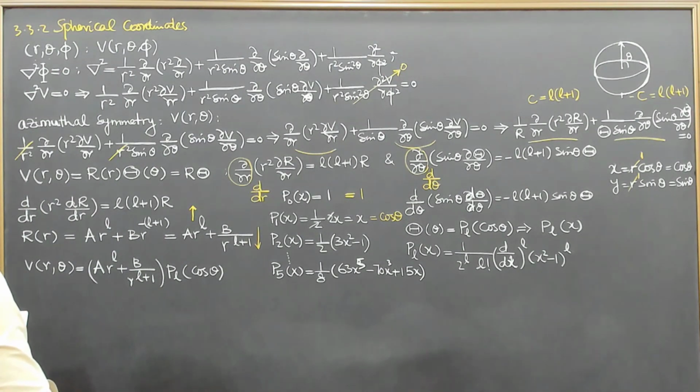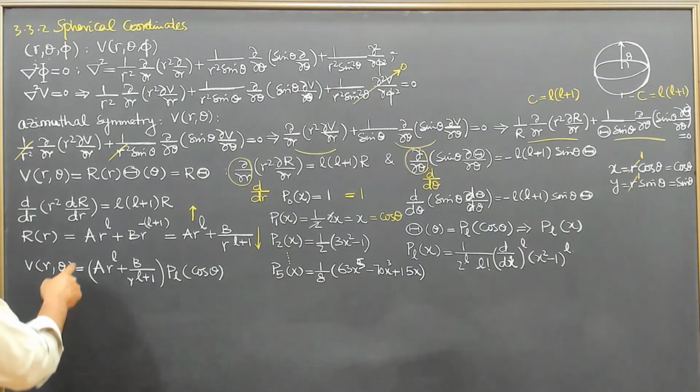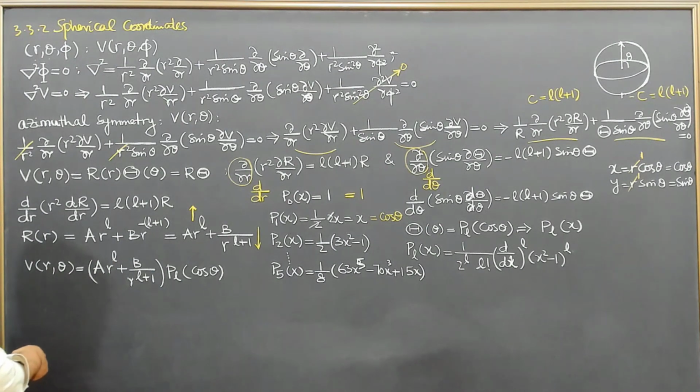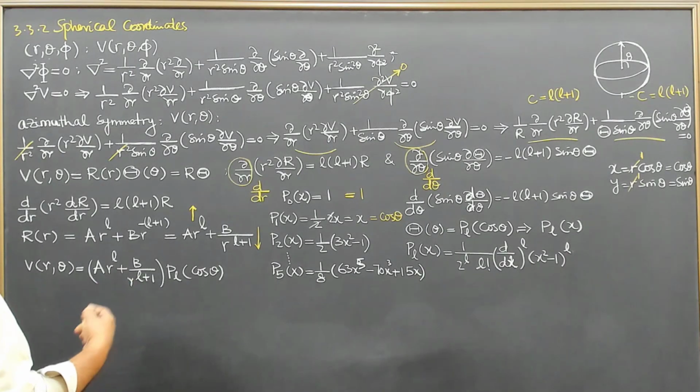But here we will have to keep one thing in mind, that L here is not a single number. It is basically running over values 0, 1, 2, 3 and so on.